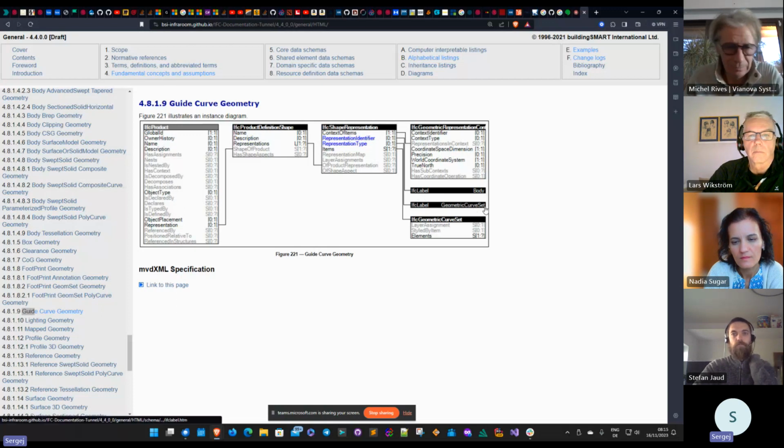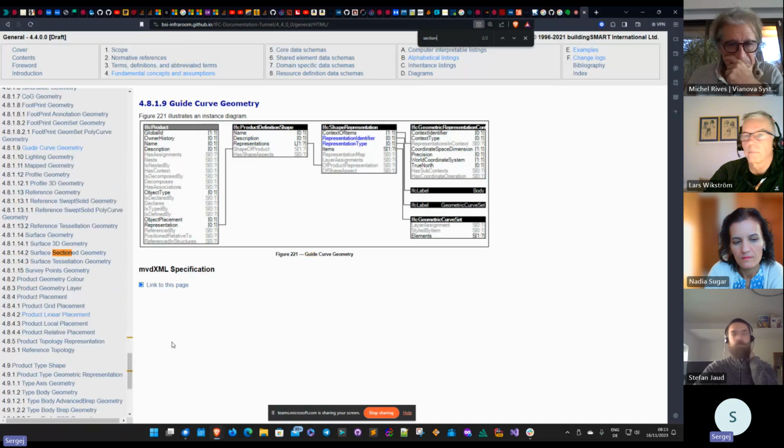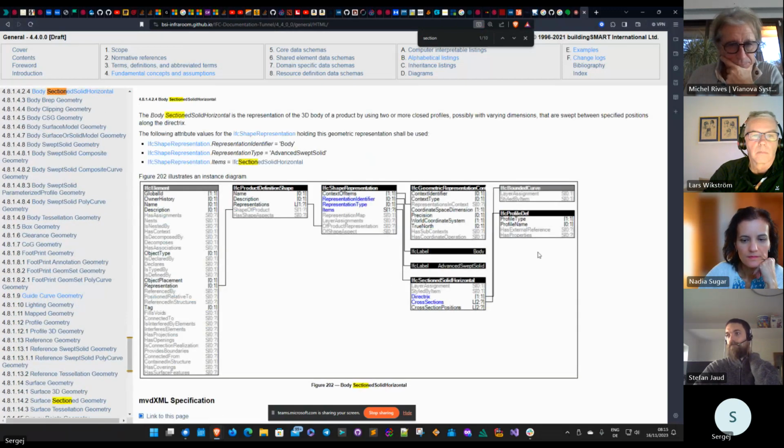Here it's a geometric curve set, and for section solid, it's an advanced web solid. So it's two completely separate shape representations. But of course, tolerances have to then be decided based on the requirements of the project.